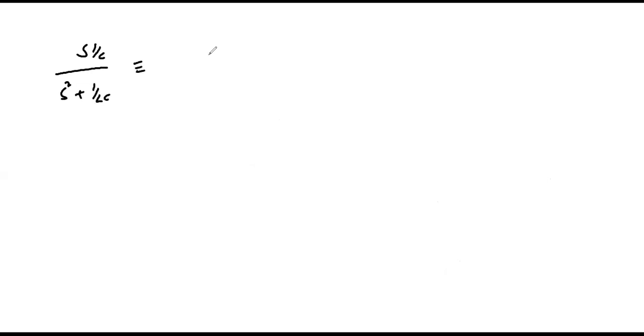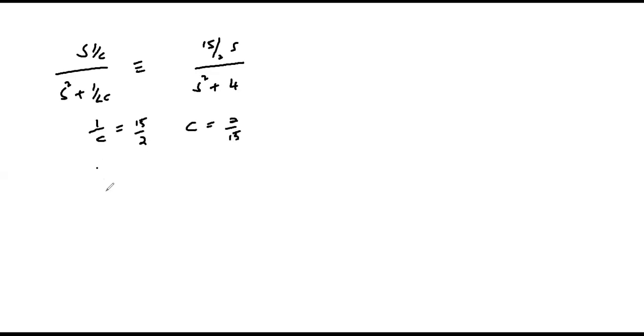We compare this with 15 over 2S over S squared plus 4, from which we notice that 1 over C will be 15 over 2, from which C will be 2 over 15.